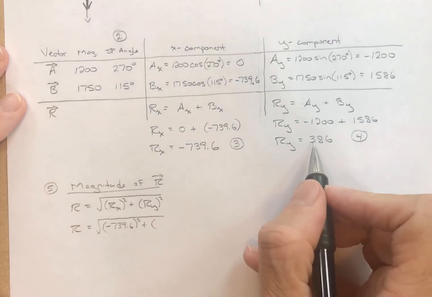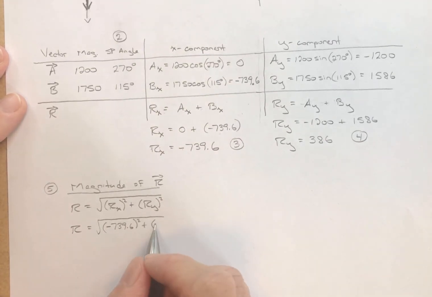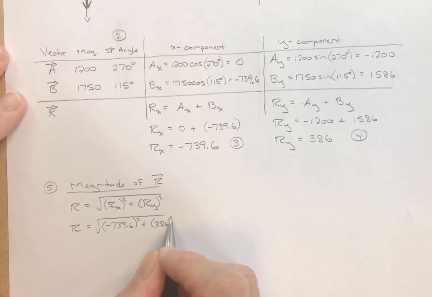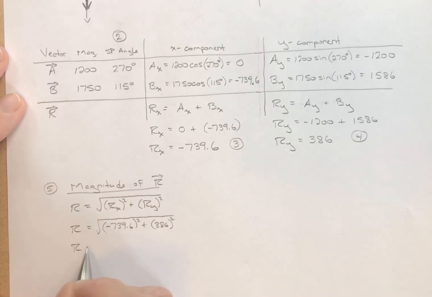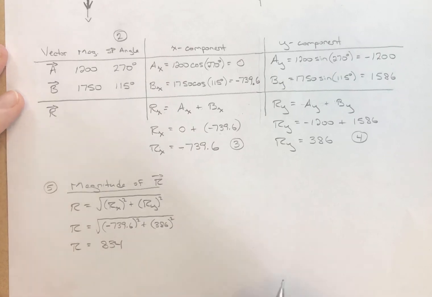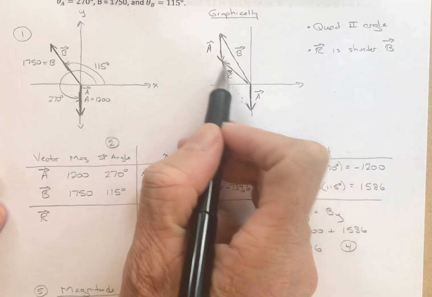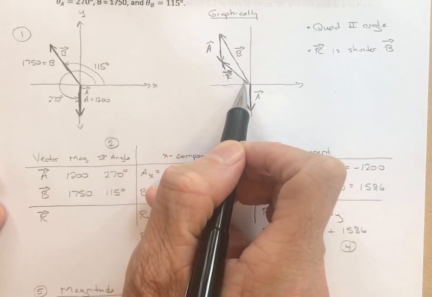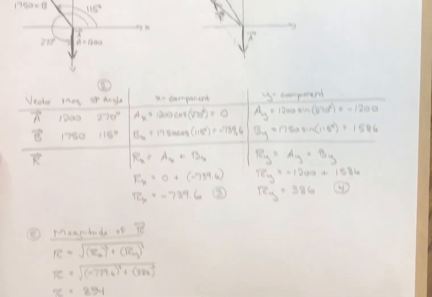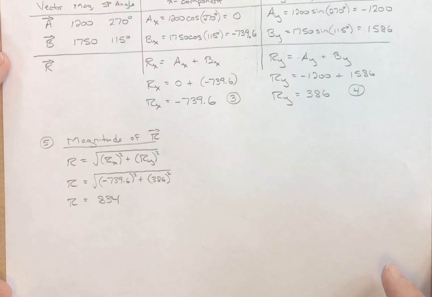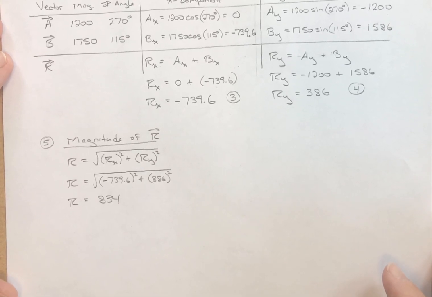The y component is 386 squared. That goes into a calculator, and out comes 834. So back up here, this vector is 834 units long. Its magnitude is 834. Now let's find the standard position angle.